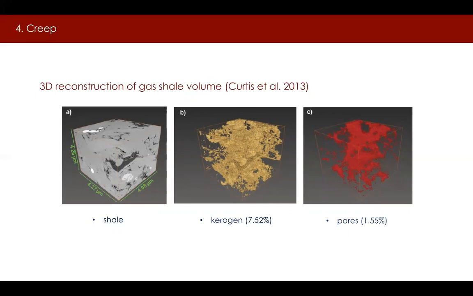Note that even though kerogen comprised only 7.52% by volume, the frame is already nearly continuous. The image in the middle only shows the kerogen frame. If the clay material is added to kerogen, then the soft material frame would look even more continuous.